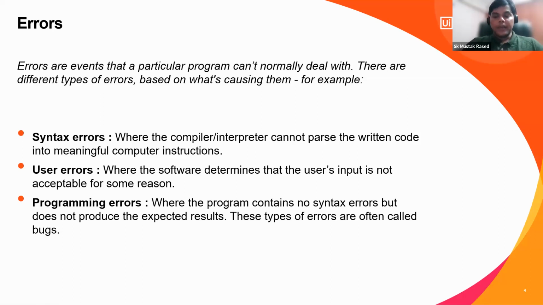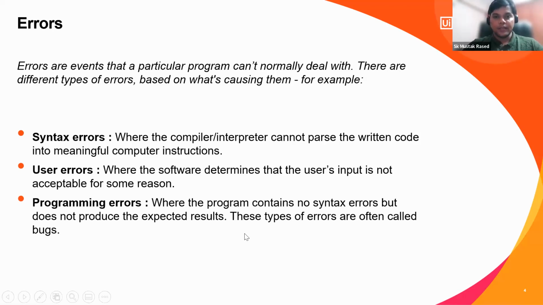For example, when you are assigning a value in UiPath and you have declared that variable as a string, and you want to convert that variable to an integer, that could not be possible.